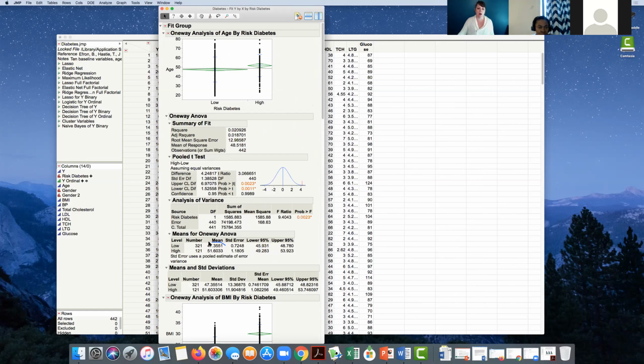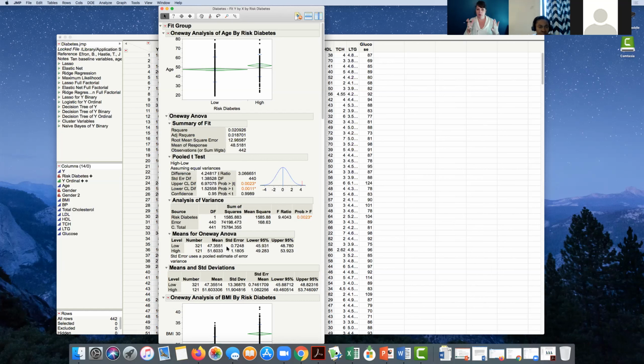So right here, the people in the low risk category are about 4 years younger than the people in the high risk category. So this is something that you keep track of. You just want to have an idea of what this relationship is before we go into a model. And I find that doing it this way makes it easier to then interpret the logistic model, because you're expecting that there is a relationship now between age and diabetes risk.